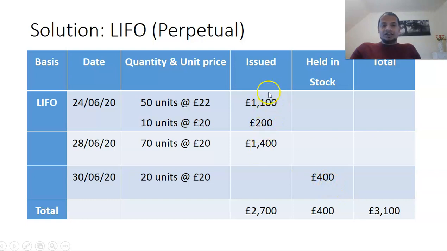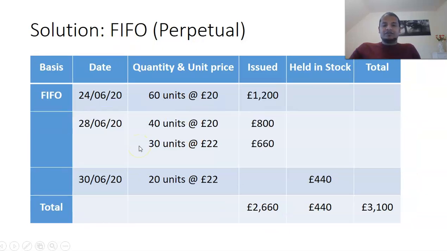If you add all the issues together, the material consumed, the cost of goods sold, comes to 2,700, and the closing stock inventory is 400. If you add this together, you can see the total cost of the materials remains the same, 3,100. If you compare last in, first out and first in, first out, in first in, first out the closing inventory is higher and the cost of material consumed is lower.